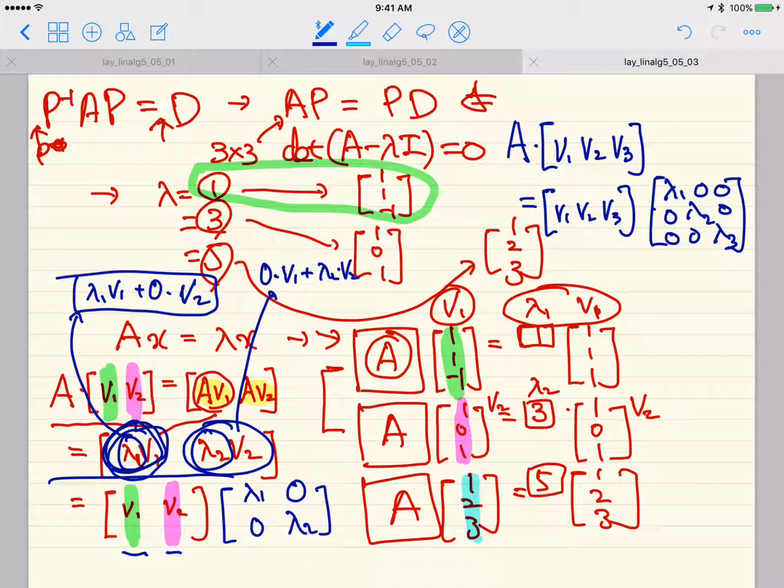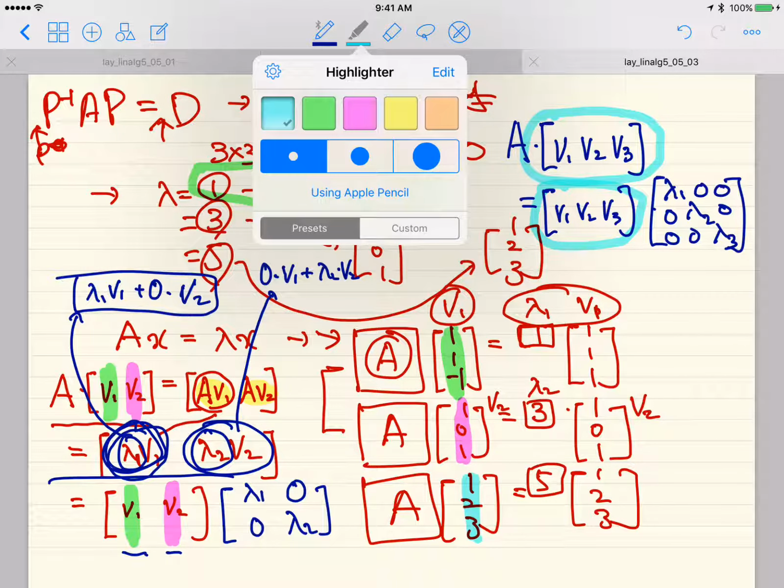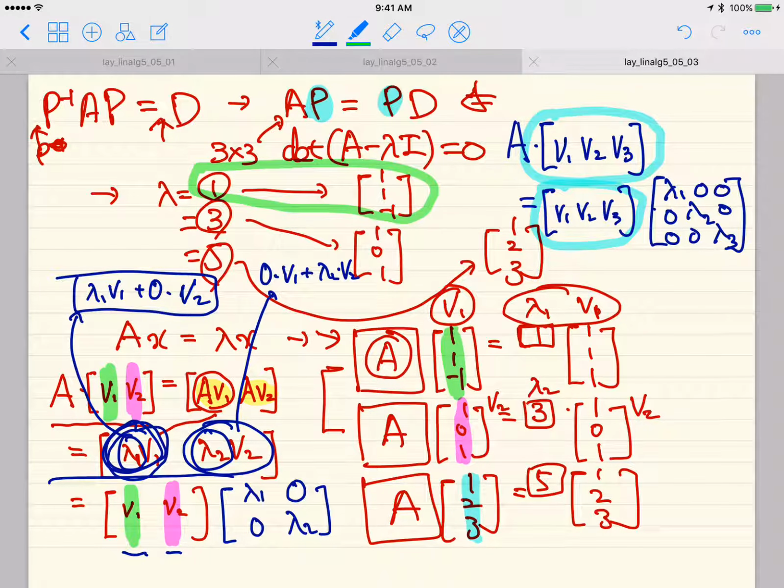Okay, so now let's call this matrix P. Okay, and we have P here again, right? And this one will be our D, which we can find here. Okay, and so for P, we just align column by column our eigenvectors.